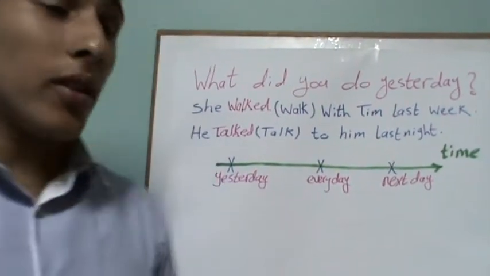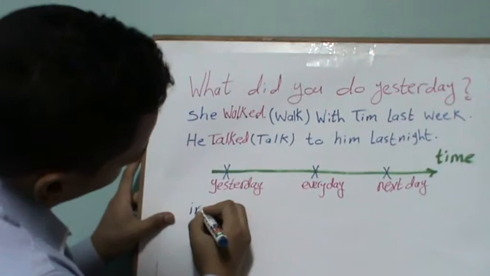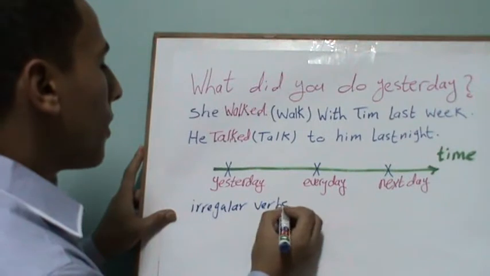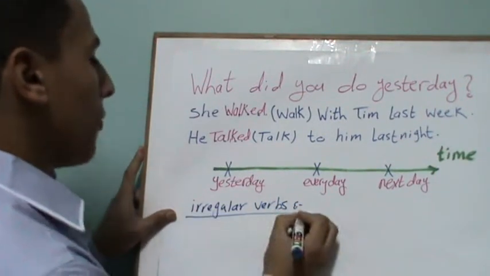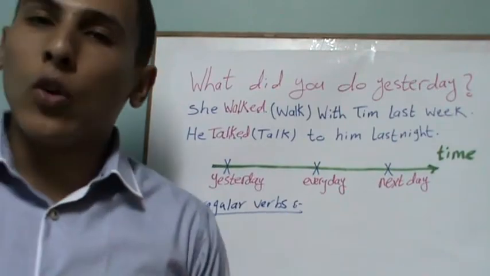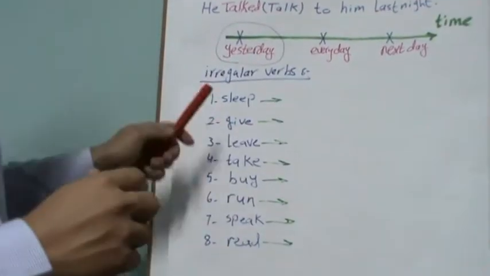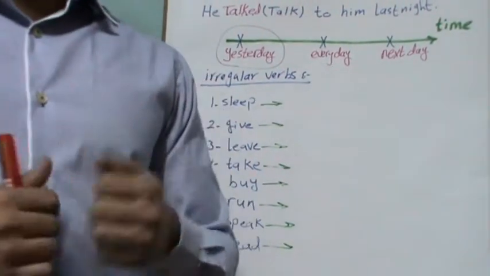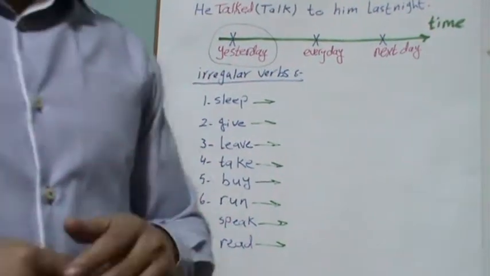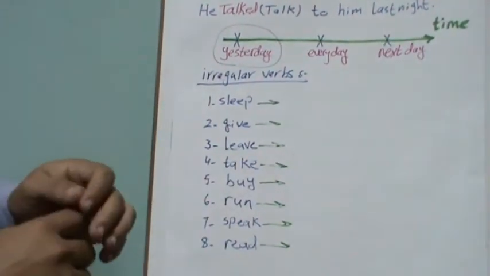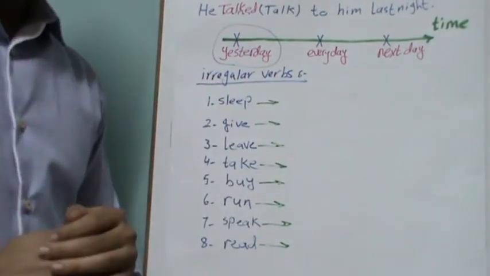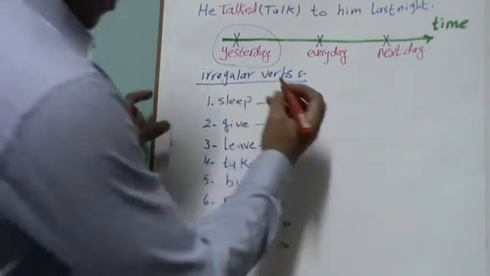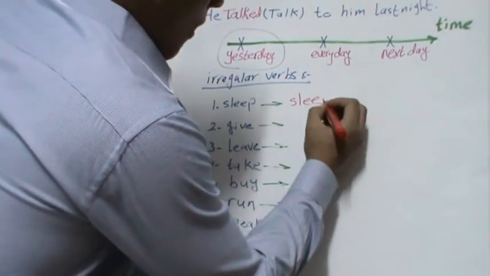We call these verbs irregular verbs. Okay? They are irregular because they don't obey the rule. For today, we will have only 8 irregular verbs, and every lesson we will get 5 new irregular verbs. Our first verb for today is sleep. When we use sleep in past simple, it's not sleeped like this.